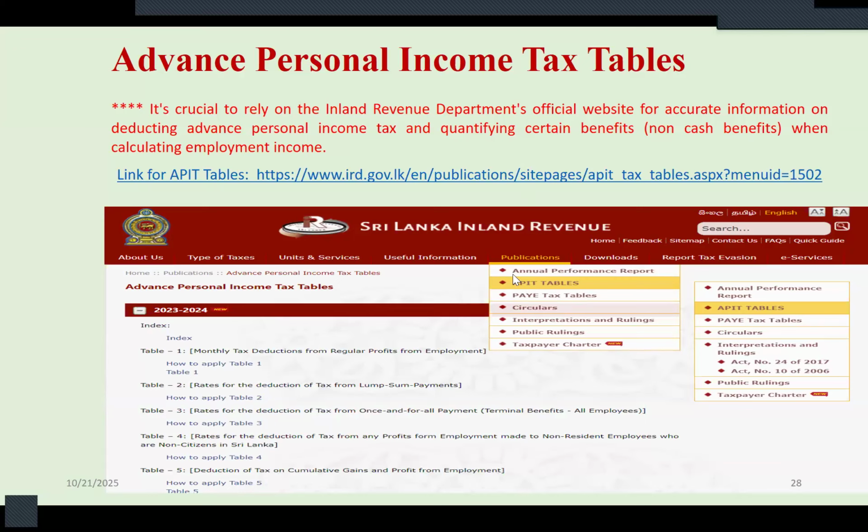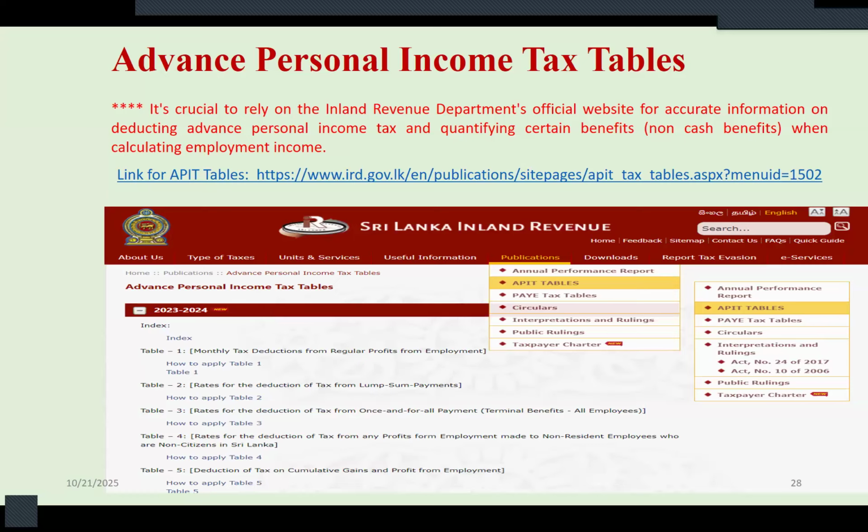So advanced personal income tax tables are not used by an employee, but by the employer. That means when we are calculating our own tax liability, it is not necessary to apply these tables because we can calculate our own tax liability by ourselves, as it is not a difficult thing.